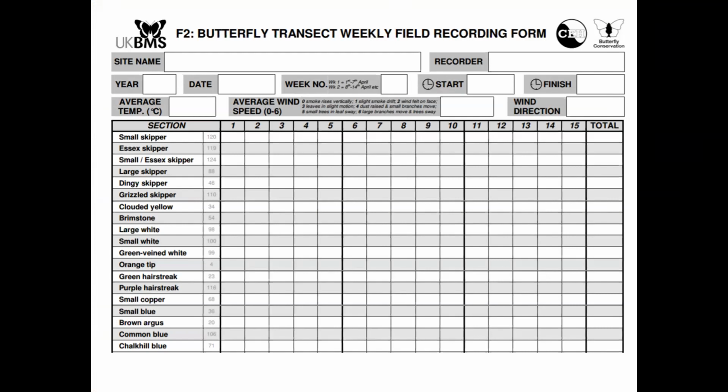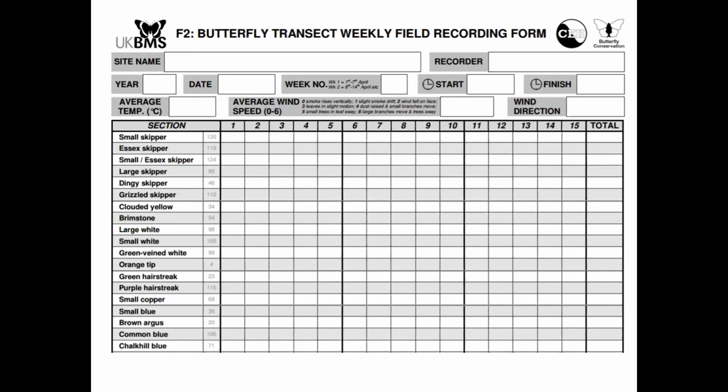The really good thing about this is that if you were part of a survey team doing a transect, you would know that your data can be compared with the data that comes from anyone else's transect anywhere in the country in any year, because every single person doing a transect records their data in exactly the same way.